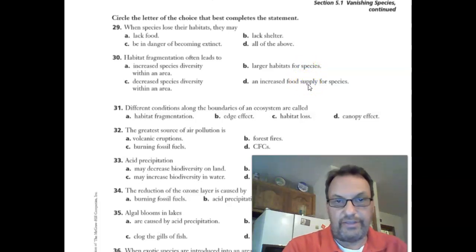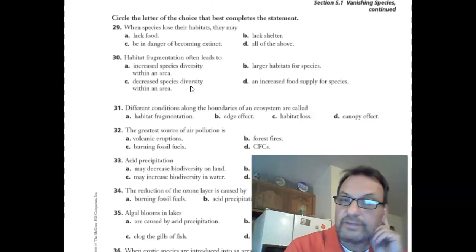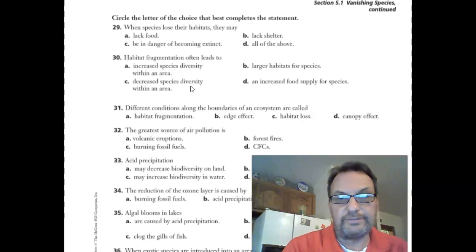That's never a good thing. It's not going to increase the diversity. It's going to hurt something. So it's going to decrease the species diversity within the area. So you could look at the 4 choices and you can find, there's a few of them that are good and one that's bad. The bad one is the correct answer in this situation.